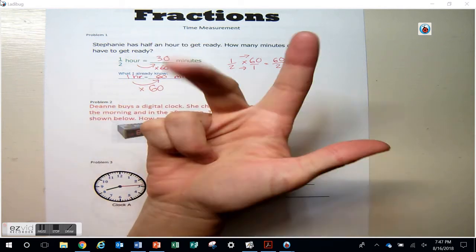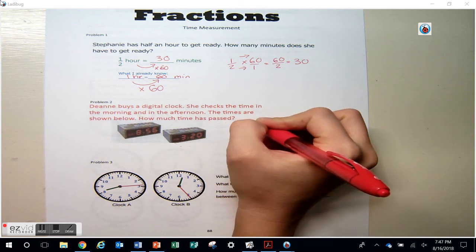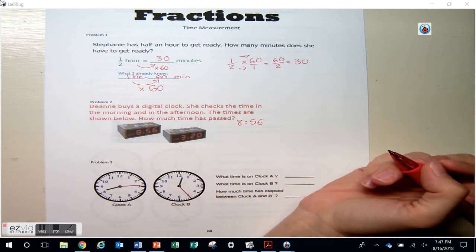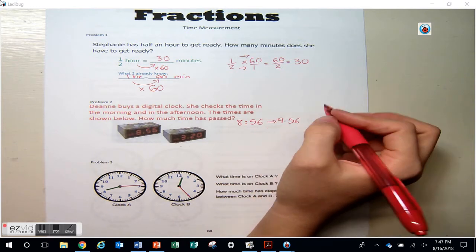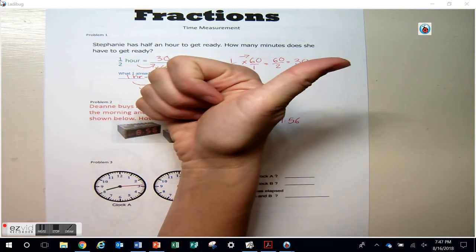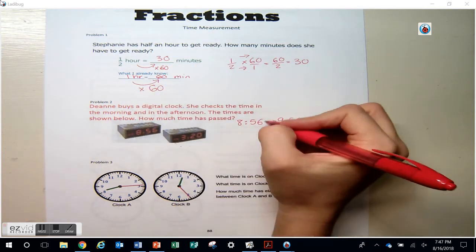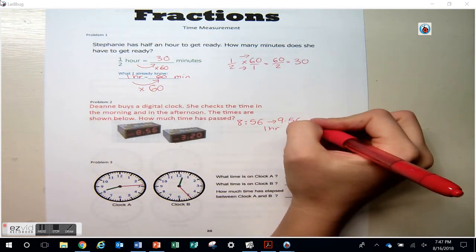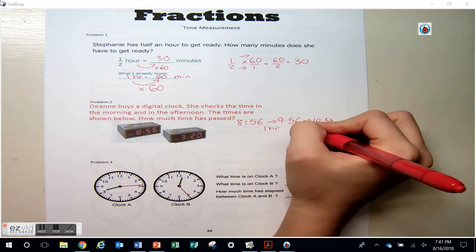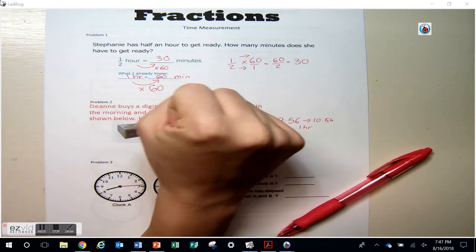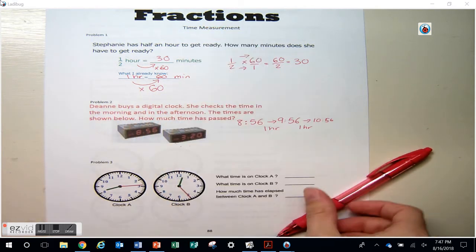the most often, sometimes I even count on my fingers, is I mark the hours between. So I see I started at 8:56, and then I count to 9:56. 8:56, 9:56. When I get to 9:56, I get to count 1 hour. 10:56. This is again another hour. 8:56, 9:56, 10:56.